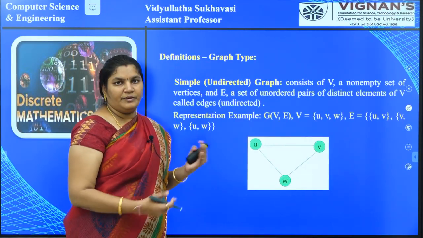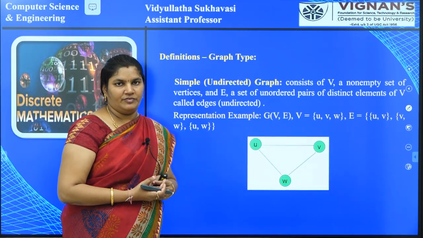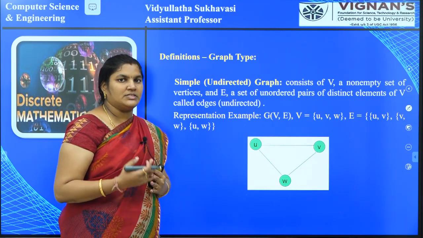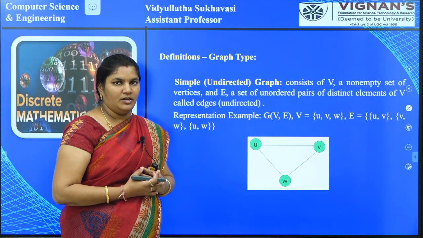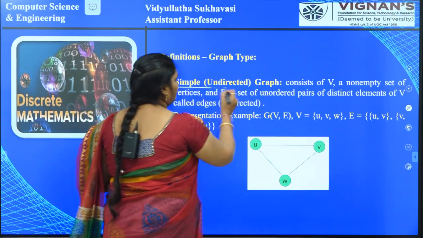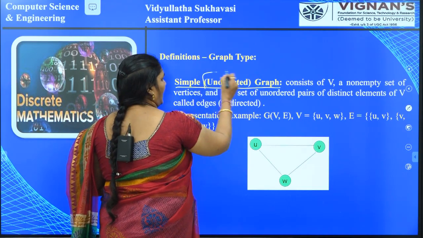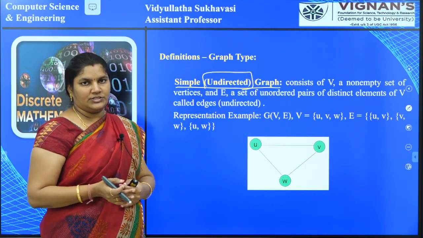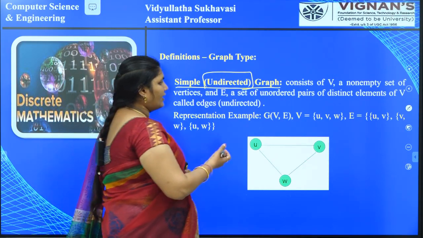Before, we have seen edge type definitions. Now we will see the graph type definitions. That means the different types of graphs available. The first one is a simple graph, which is undirected. That means we are not specifying any direction. How do we define it?